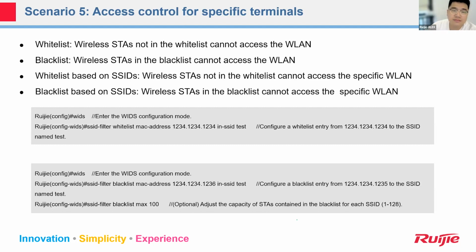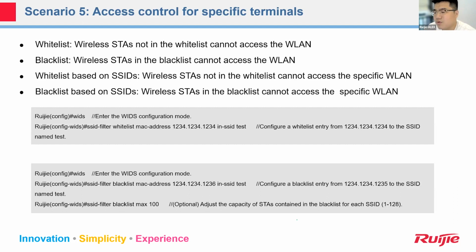But if we only configure the whitelist or blacklist, it's a global configuration. It will affect all the WLANs. If, for example, an AP has two SSIDs, the blacklist and the whitelist will take effect on both of the SSIDs, both of the WLANs.